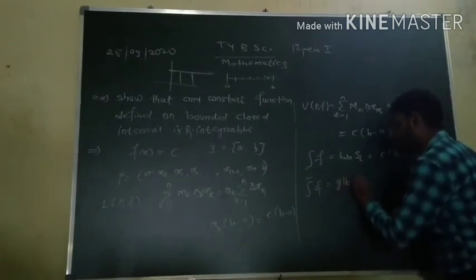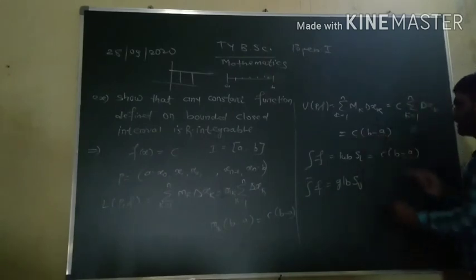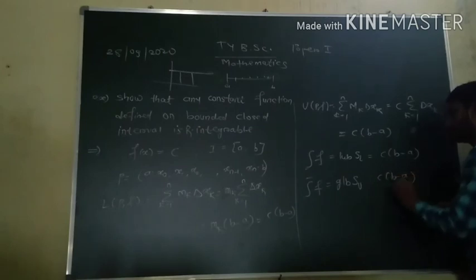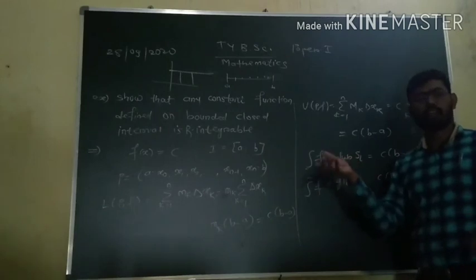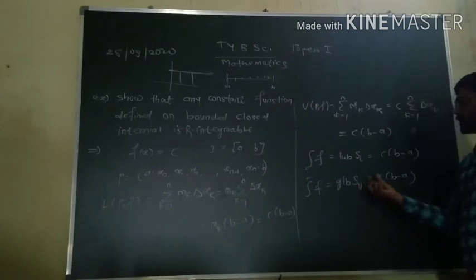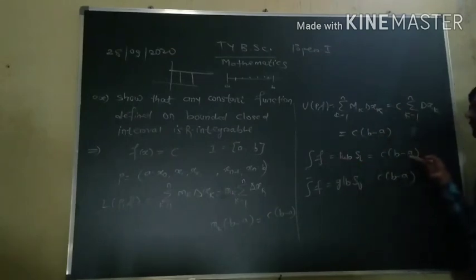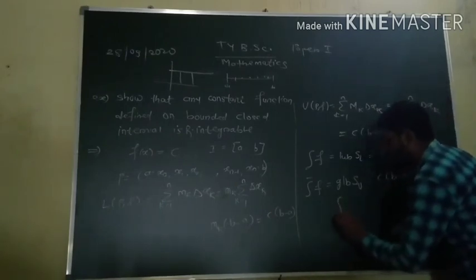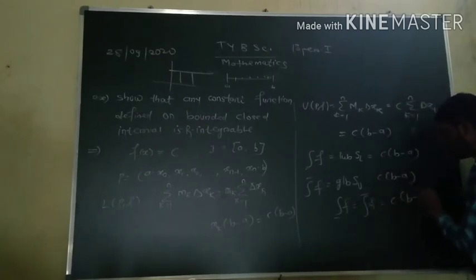The greatest lower bound of a set which contains a fixed value is nothing but that fixed value. So the upper integral is c into b minus a. So here the lower integral is c into b minus a, and the upper integral is also c into b minus a. So the lower integral is equal to the upper integral, which is equal to c into b minus a.